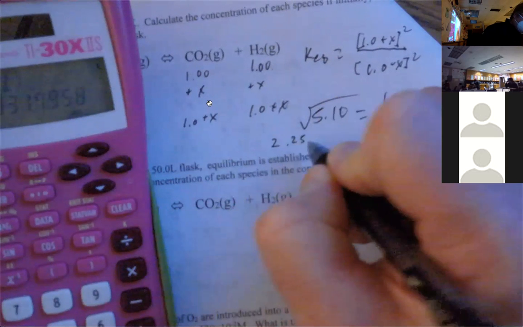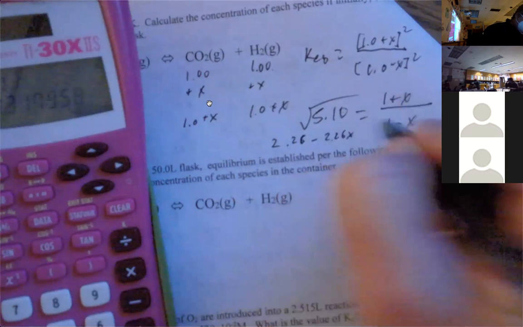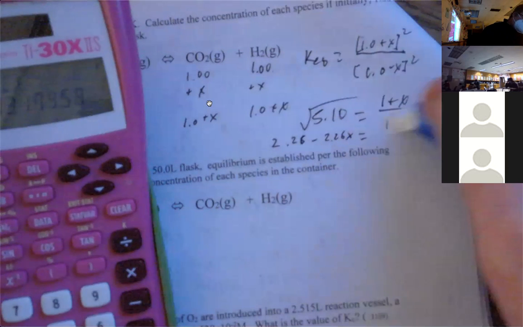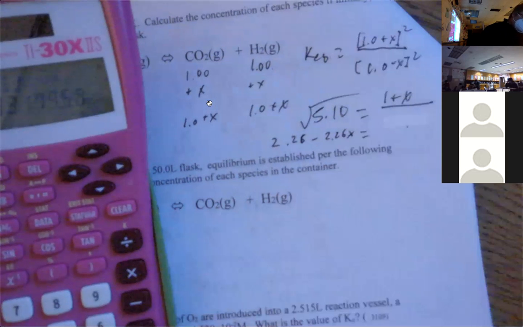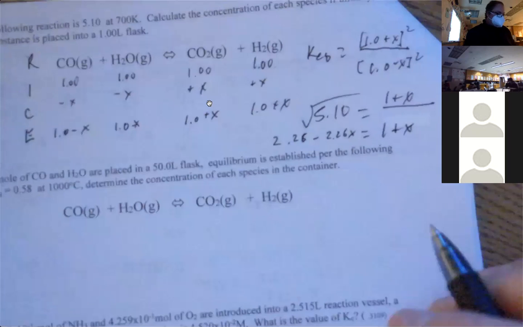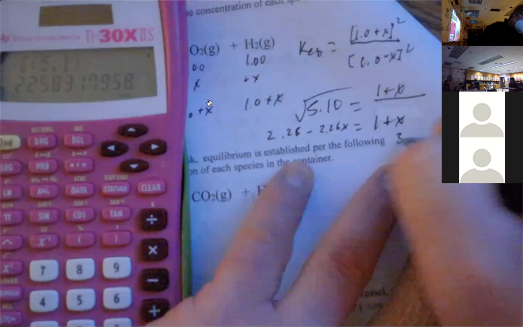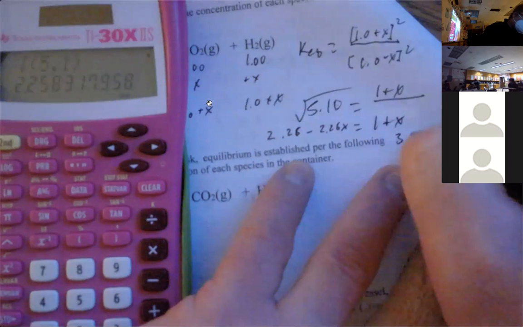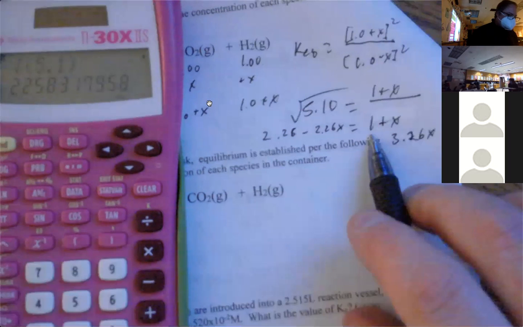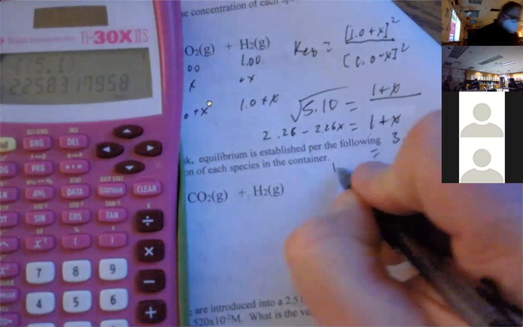2.26 minus 2.26x equals 1 plus x. So then I will add 2.26x to both sides, which will give me 3.26x. And then I will subtract 1 from both sides, which will give me 1.26.